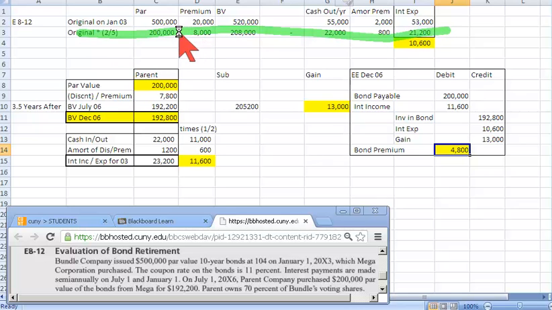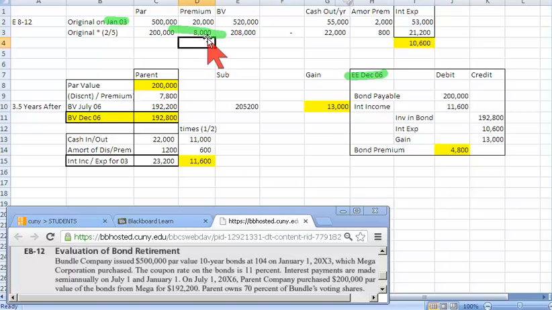So the total premium is 8,000. 4 years have passed since the original date, which was January 03. 4 years have passed, 03, 04, 05, 06. So we need to take 4 years out of this and remain 6 years. So we basically multiply it by 6 over 10. So we take 8,000 times 0.6 and we get 4,800. That's the premium that is remaining.